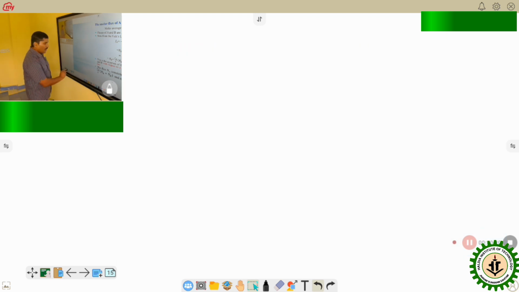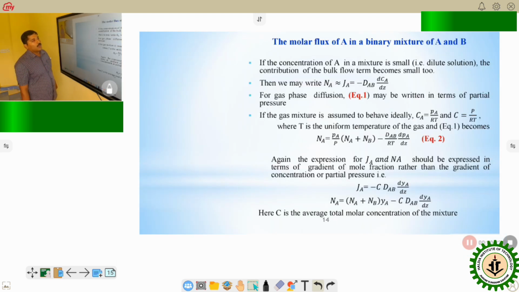Now we can write that this N_A is equal to J_A also. When? When we are considering the concentration of A in a mixture of A and B, take the perfume example: the ambient air is B and the perfume molecule is A. If the perfume molecule concentration is very small compared to the ambient air, we can say that the perfume is very diluted in air.